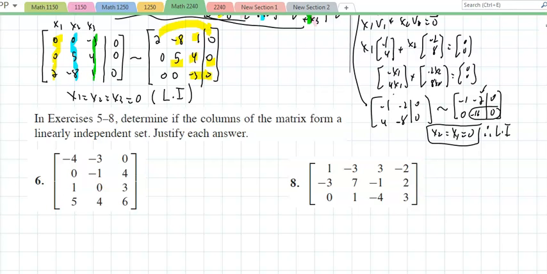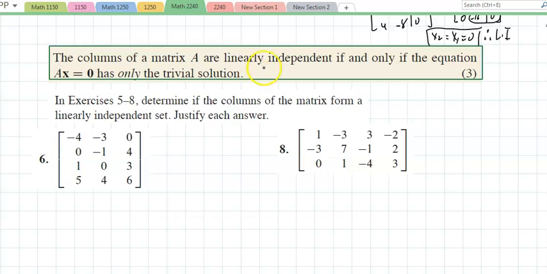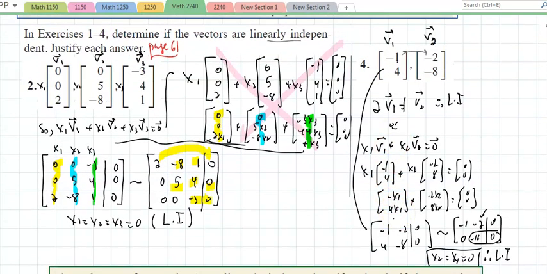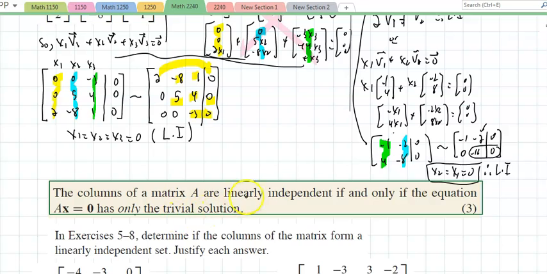Now, here's the official definition. Recall that the columns of matrix A are actually those vectors. The columns of matrix A are linearly independent if and only if, when you set this equal to 0, it has only the trivial solution.